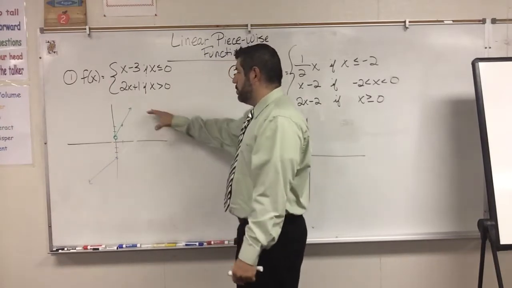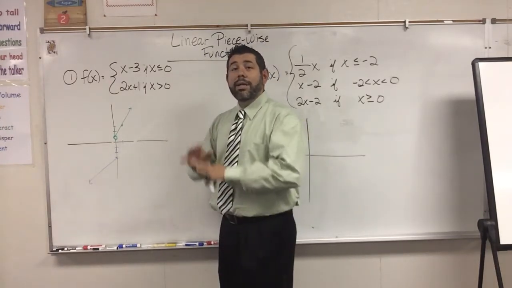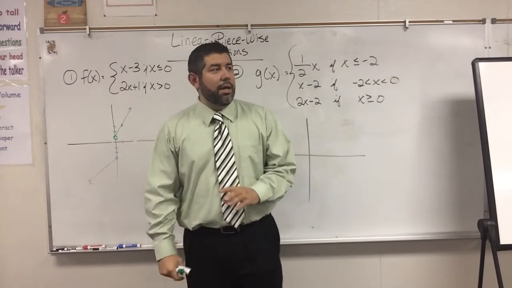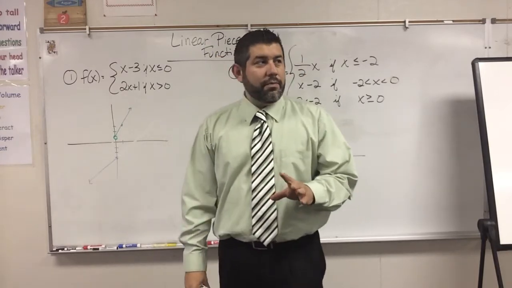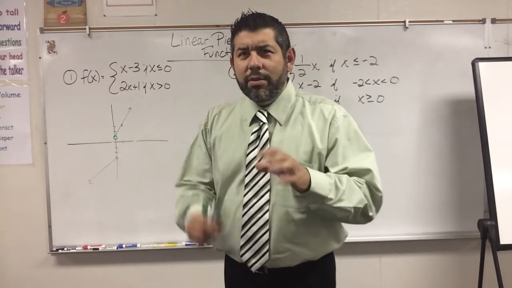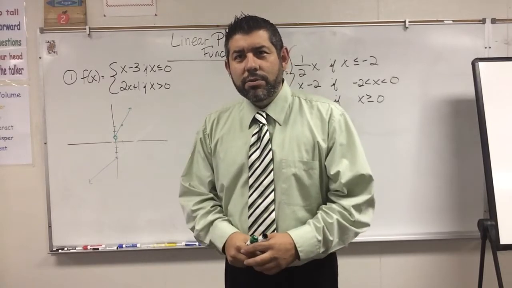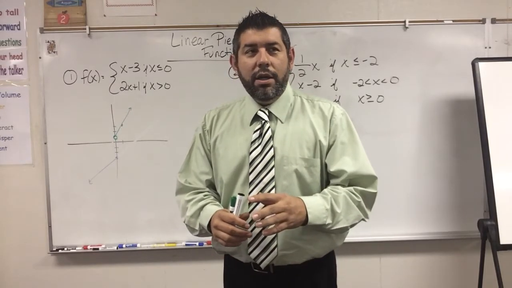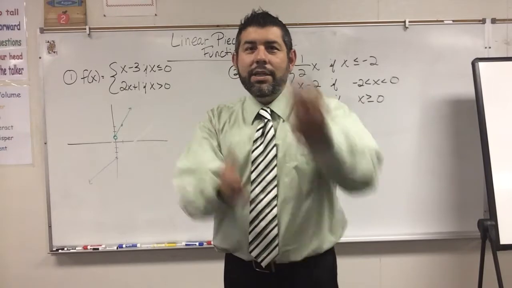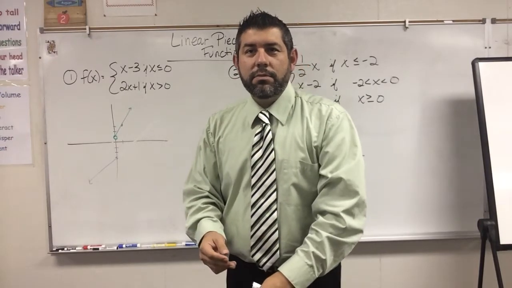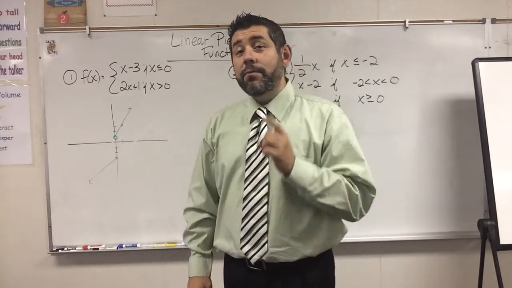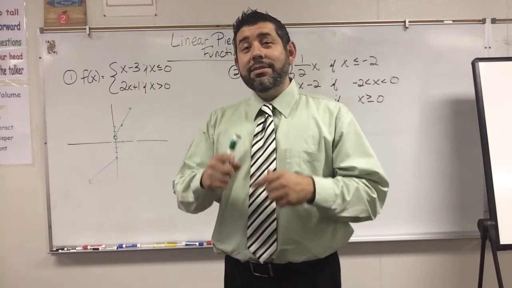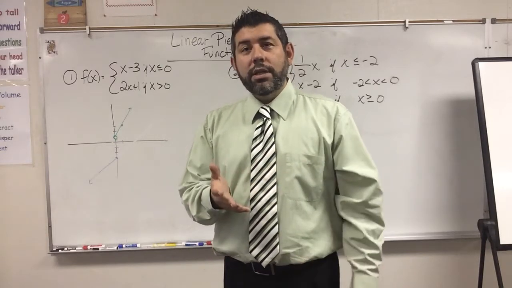So the first method here is to draw the whole thing and then erase the part you don't want. Now this is really important, guys, and it really gets me irritated when my students do this. They put in a graph that has the lines just keep going all over the place. This is a piecewise function, so it needs to pass the vertical line test.